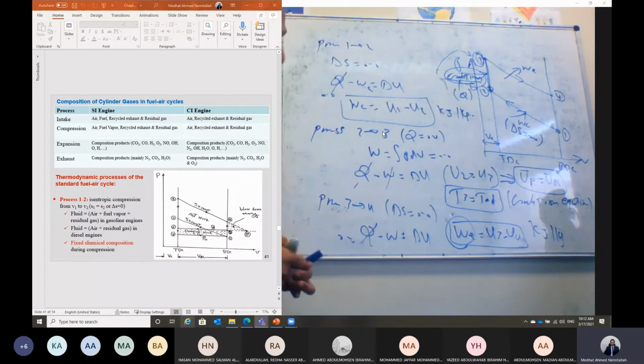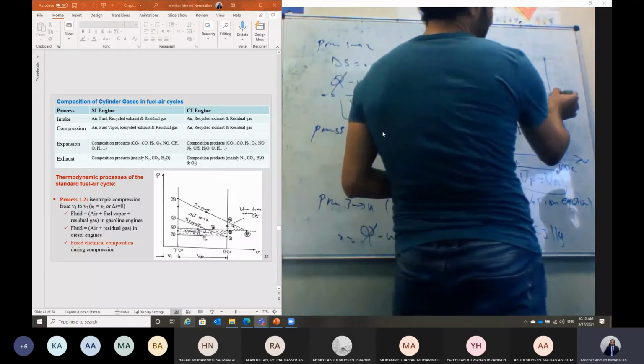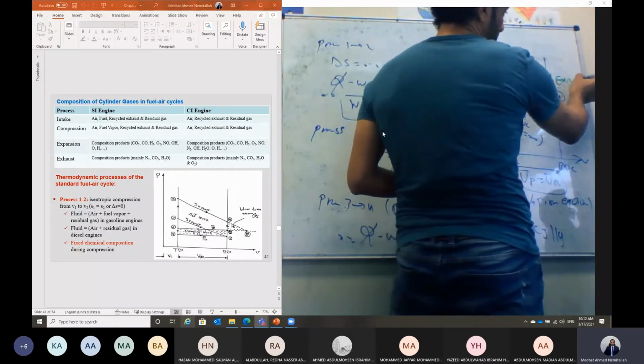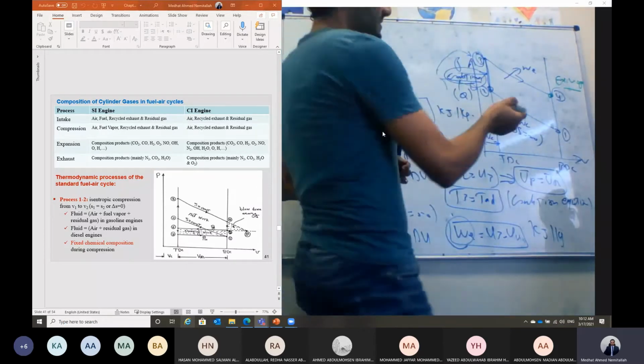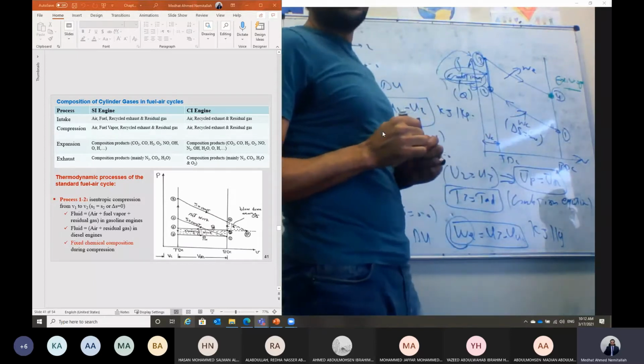Now at point number 4. At this point, once the piston reaches the bottom dead center at the end of the expansion stroke, the exhaust valve will open. Once the exhaust valve opens, the pressure is higher than atmospheric pressure.